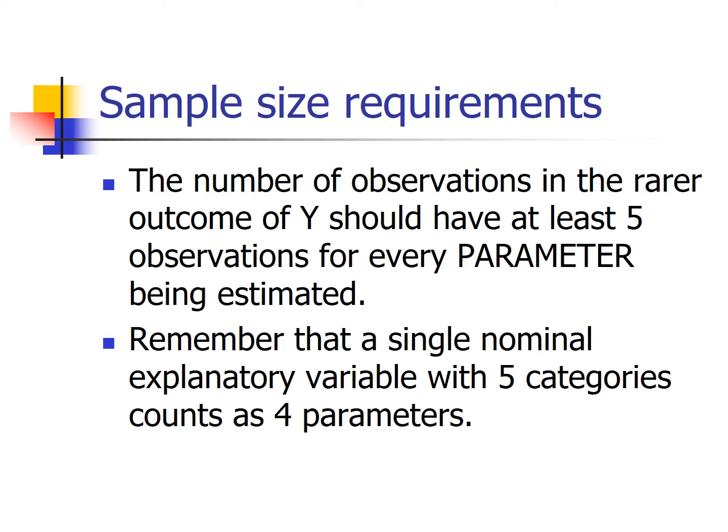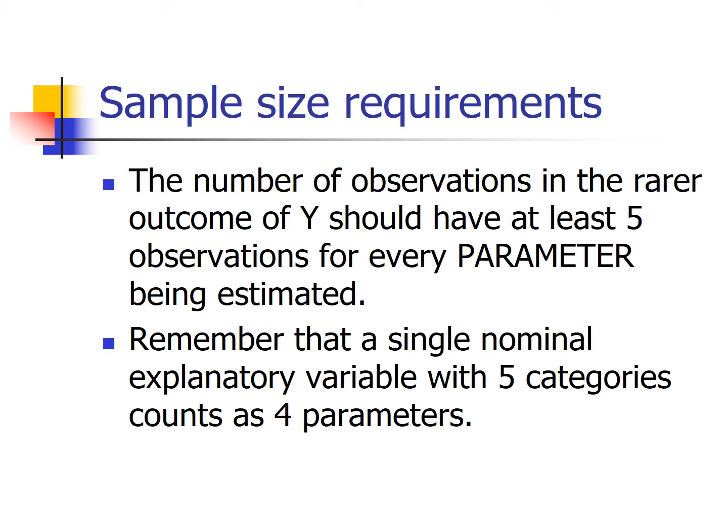We need a, quote, large enough sample size to justify this approximation. We need a large enough sample size for our distribution to be close enough to a chi-square distribution that we're justified in using it.